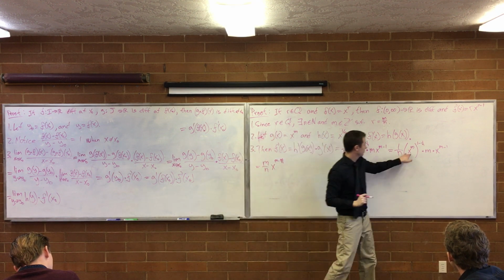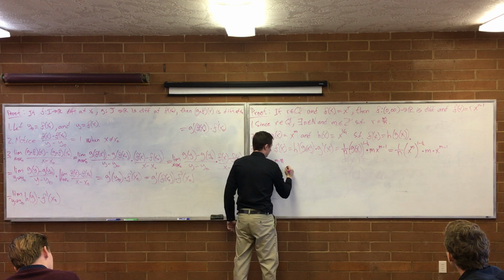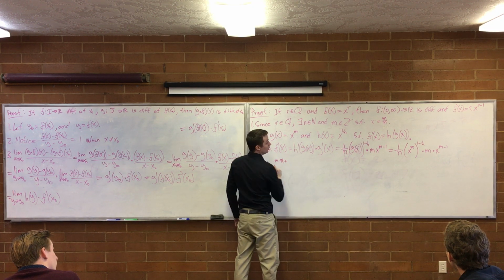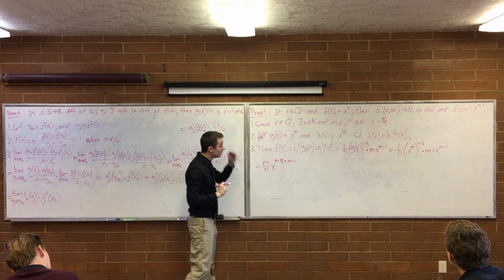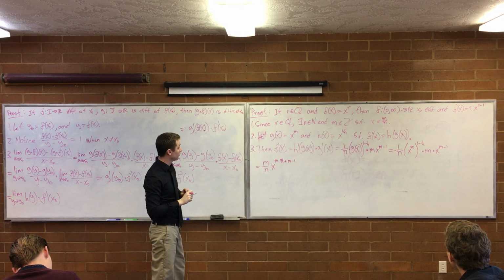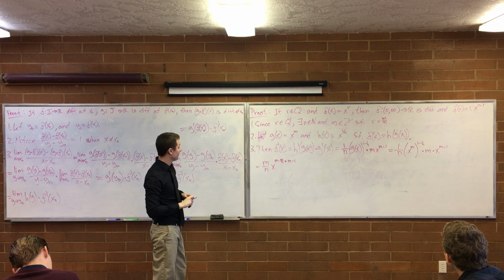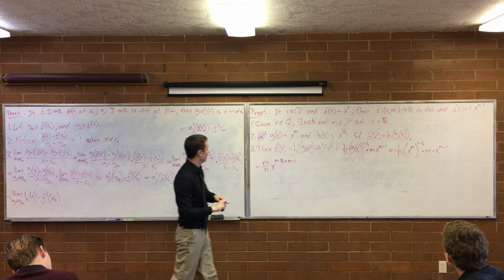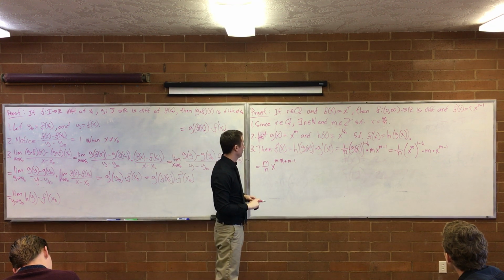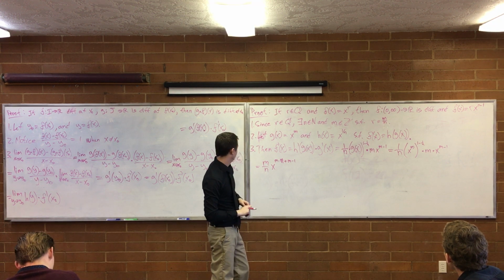Now remember, when you multiply terms, you add exponents. So plus m minus 1. Seems like the m should cancel. Yeah, the guy says that should happen, but let's keep going with it. We've got the minus 1 that we're looking for.